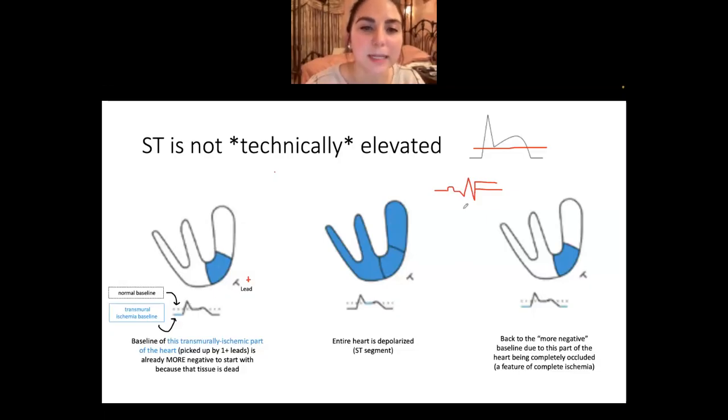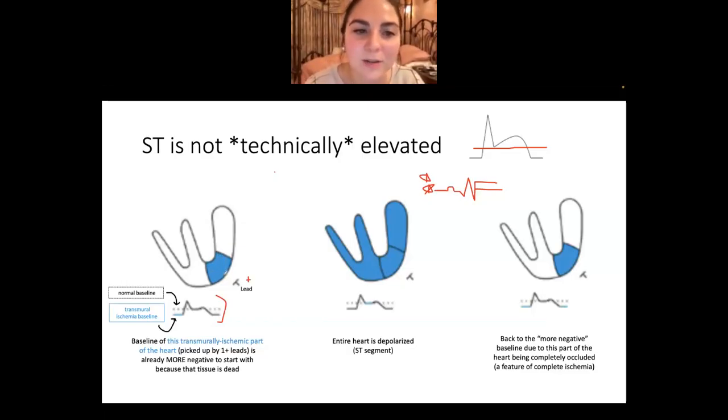Okay, so to start, here's your normal baseline. Let's just use this one, it has the dotted line in there already. Here's your normal baseline. Because we have transmural ischemia, complete total ischemia, and little hint, it's going to be different from non-transmural ischemia.